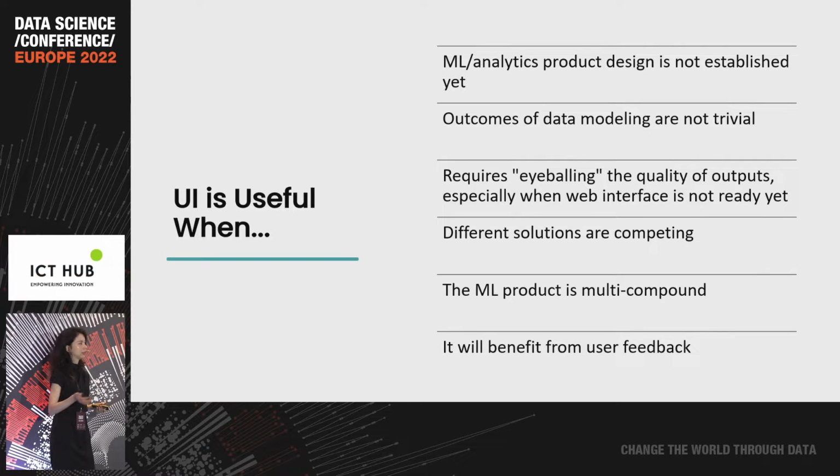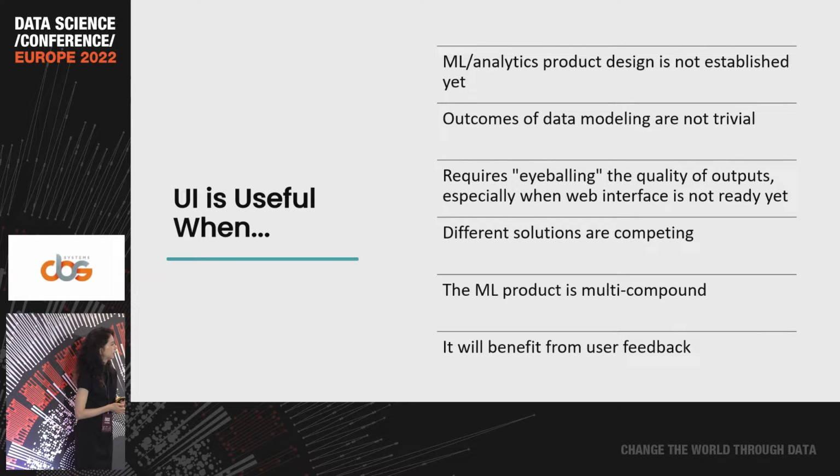Web developers have tickets for building the web interface maybe in a few sprints, but you still want to demonstrate and start testing your solution. The fourth criterion is when different solutions are competing. Again, when you build dozens of models, you want to choose the best one, and there is no established ground truth data.